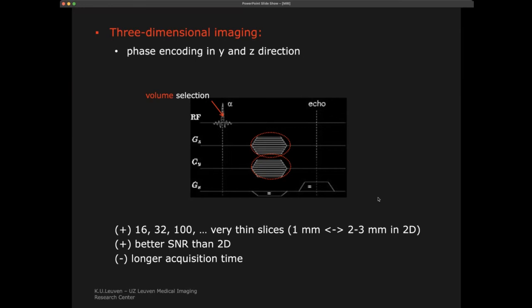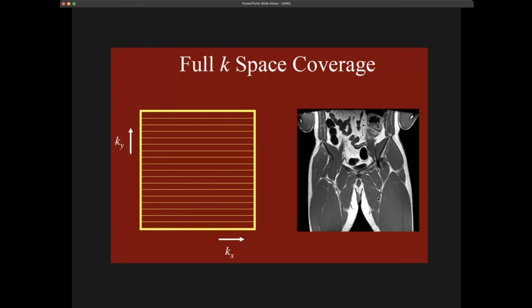But keep in mind, you always need a gradient to select the slice position. You need a gradient to change the phase to do phase encoding, and you need a gradient while measuring to change the frequency to do the frequency encoding. So those are the things that you need in order to do this.